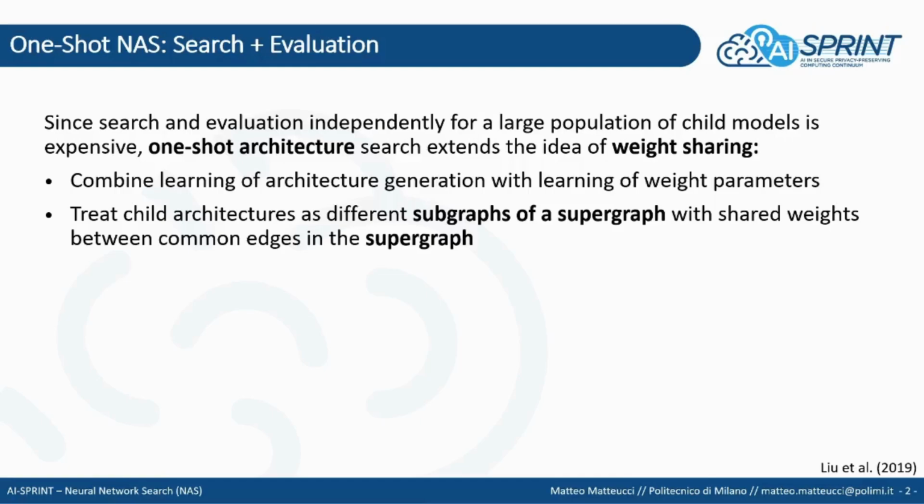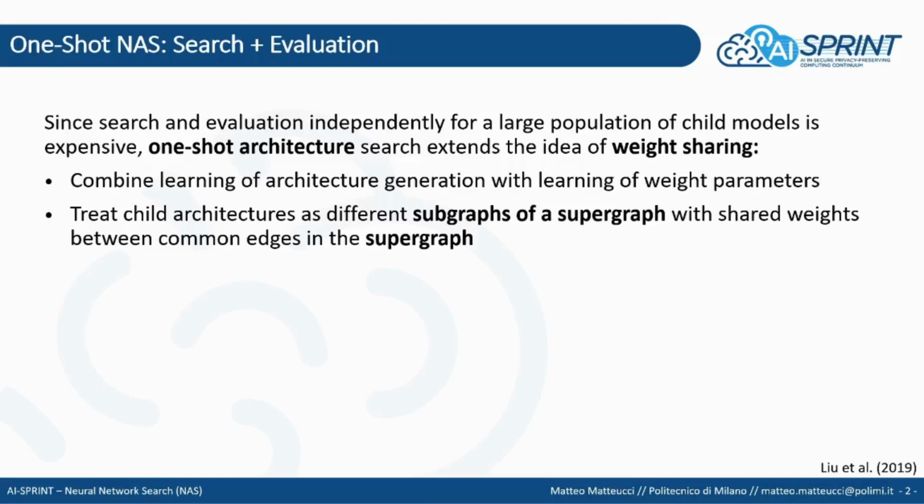Each time a new architecture was proposed, there was the need for retraining the architecture from scratch. Now, one-shot neural architecture search methods are reusing the weights at each iteration.